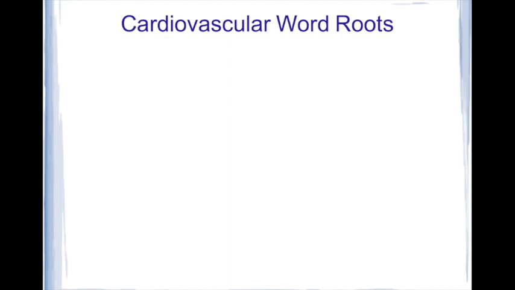Okay, so there are three parts of medical terminology that we need to know. We need to know word roots, prefixes, and suffixes. I'm not going to go over every single word root, prefix, and suffix. That's way too much. You will doze off by the time we are a quarter of the way through this video if I do that.